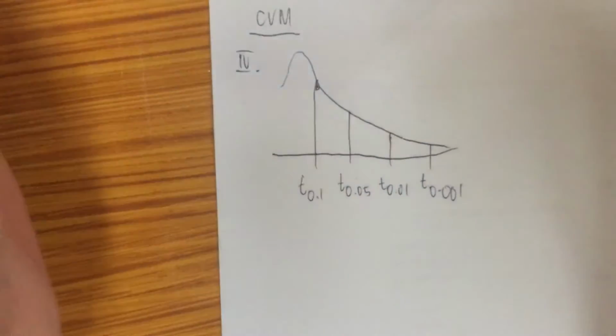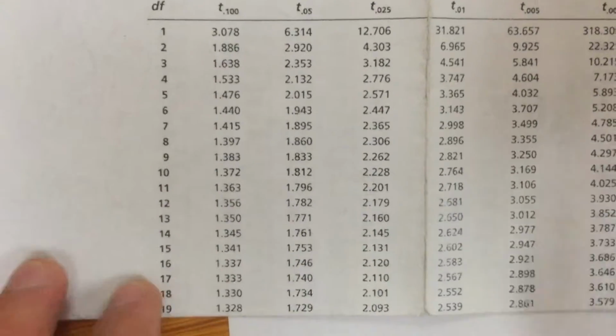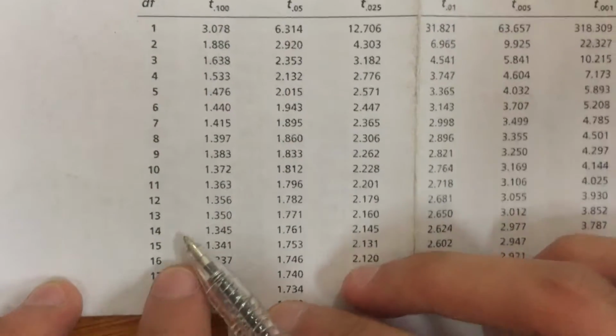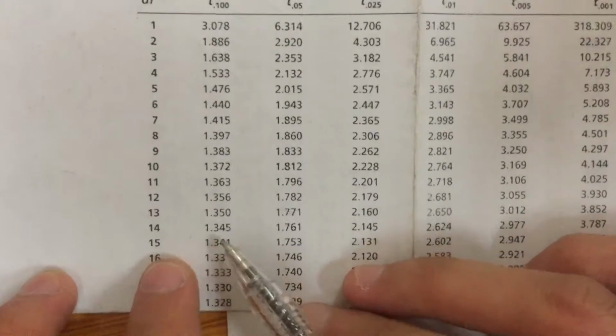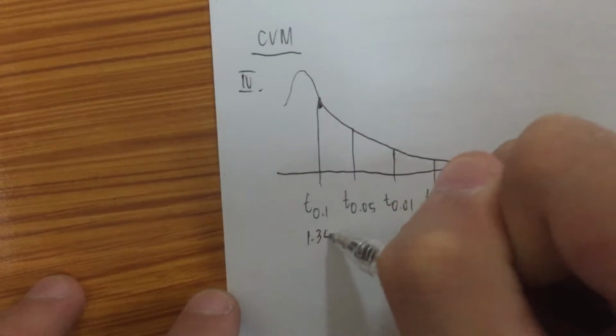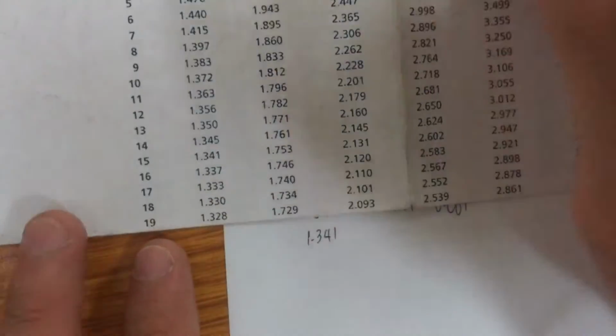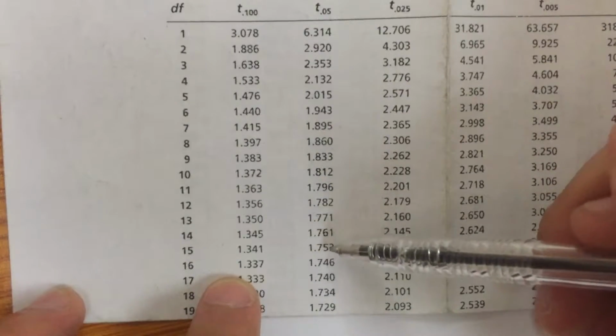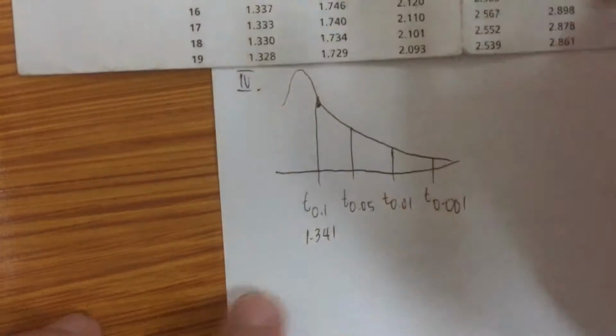So the degrees of freedom for this problem is 16 minus 1. We just have to look for the t-score under DF 15. For t sub 0.1, that should be 1.341. For 5%, that's t sub 0.05, that's 1.753.